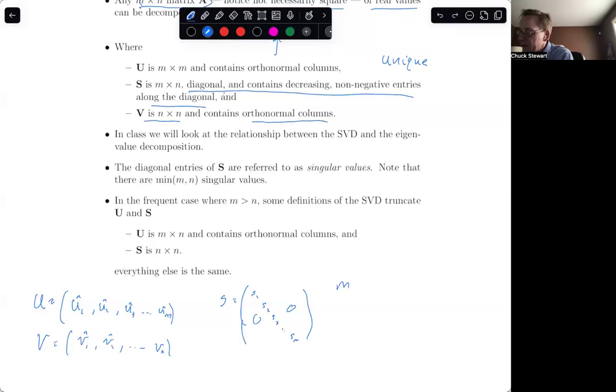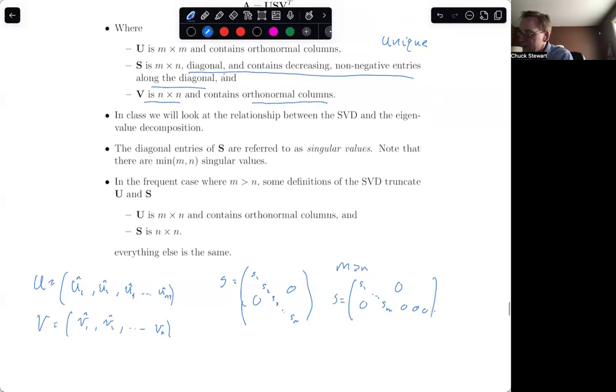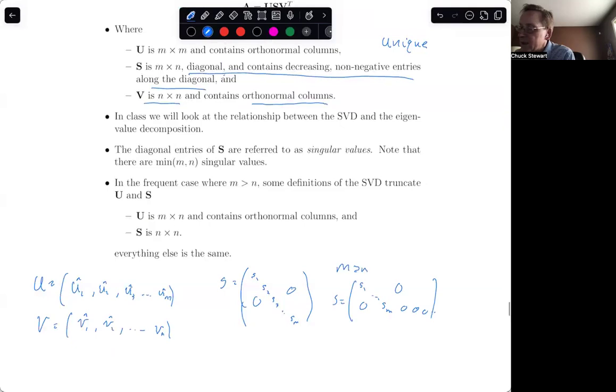If M is greater than N, then S equals this. I did that backwards, let me get that straightened out here.